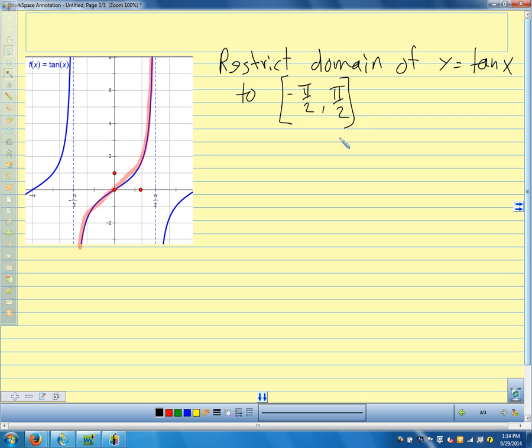Our tangent function takes on all its values between negative infinity, down here close to this asymptote, to positive infinity there. So we're not leaving anything out by getting rid of the rest of those.